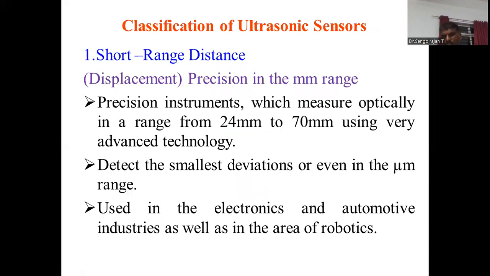Ultrasonic sensors are classified into three categories based on the distance travelled. The first one is short range distance. That is how we classify based upon the displacement. Then precision in terms of range.